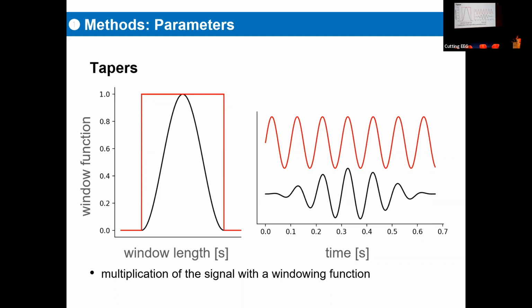So for instance, what is this? Hann window. So you multiply your signal that you want to get the spectrum of with this window. And this will attenuate the signal on the edges to 0. Okay.